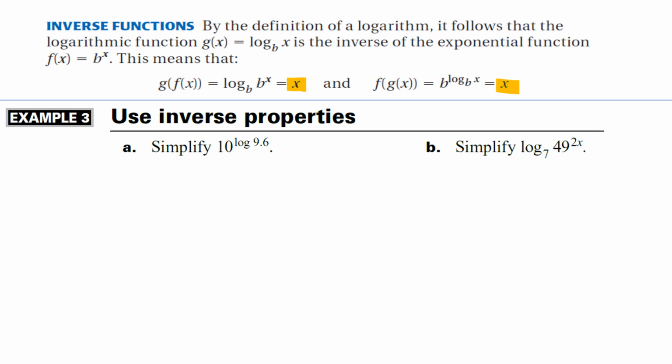So if I wrote it as 10 to the power of log 9.6, and that equals something. And I'm going to call that something u. All right, first, because that log doesn't have a base written, we know that it's base 10.